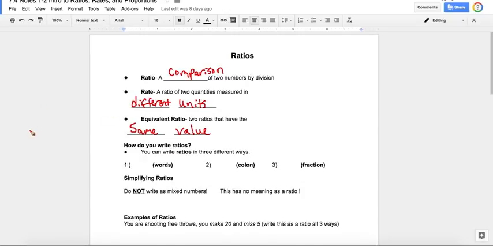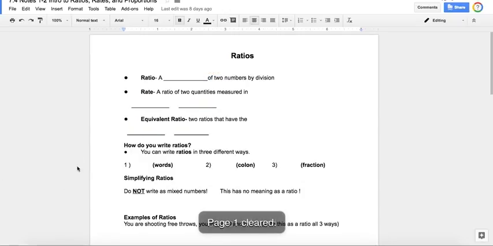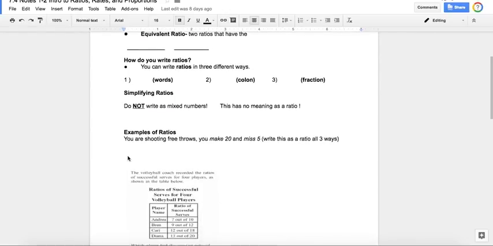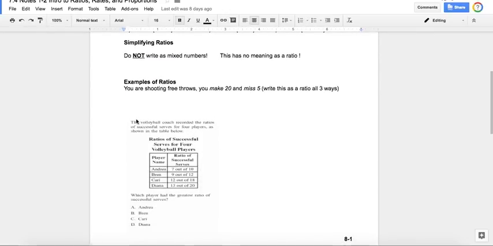Okay, examples of ratio. So let's look at this example down below. And let's clear this. So you are shooting free throws. You make 20 and miss 5. Right? This is a ratio in all three ways. So I'm going to start with a fraction because that's the easiest way to simplify.